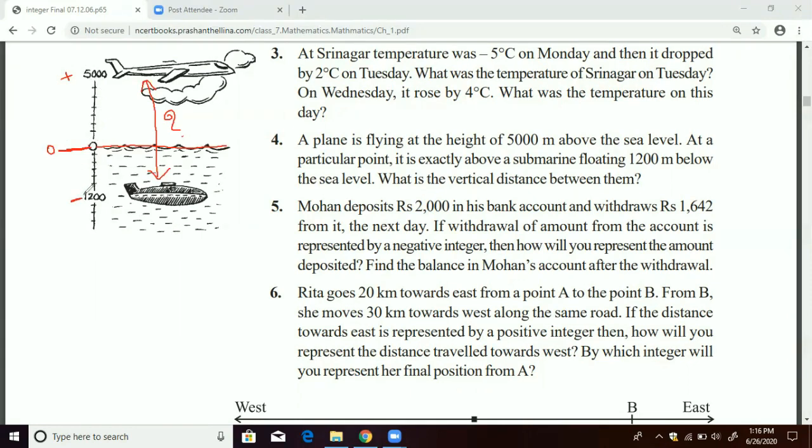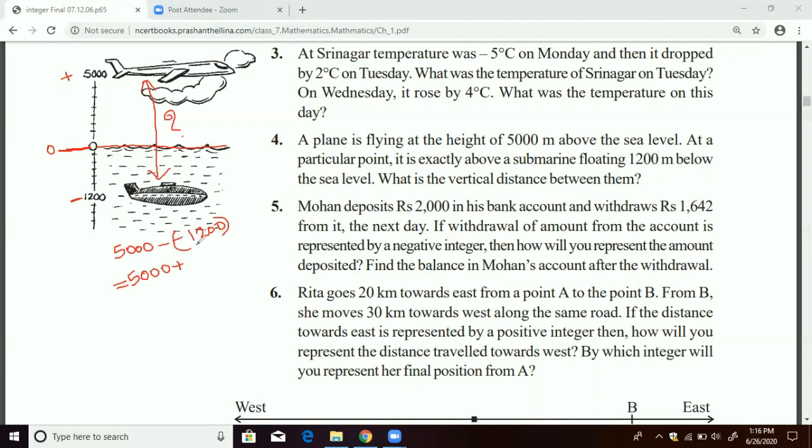Difference, in mathematics, means we are subtracting the small number from the large number. So we are subtracting 5,000 minus negative 1,200. We are doing the subtraction so that, as we know, subtraction can be replaced with addition.